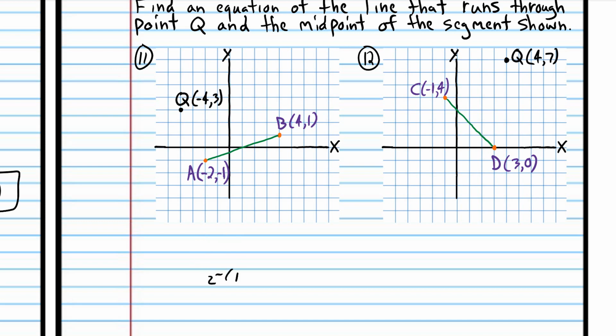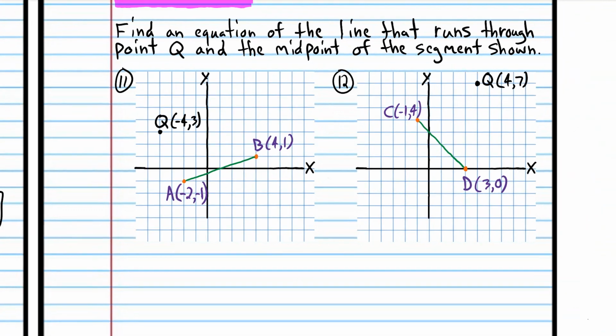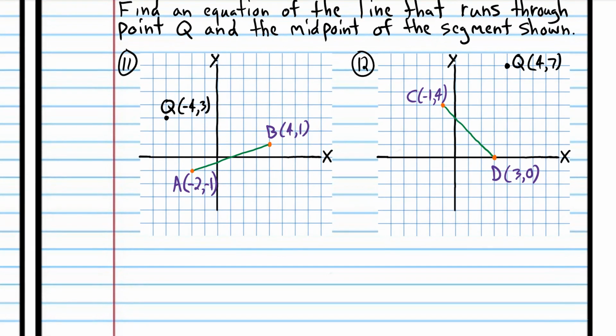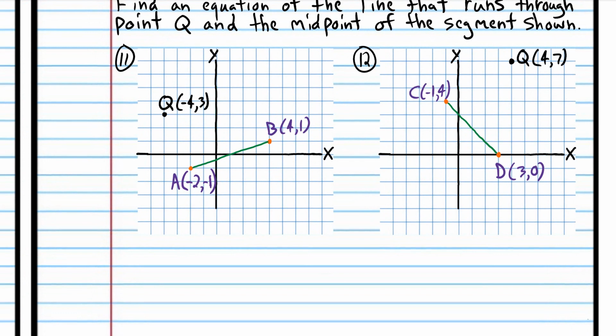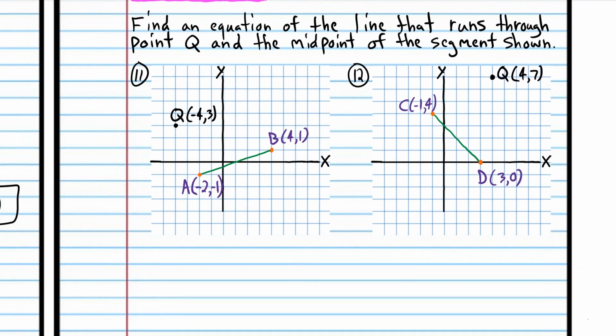But we can't do any of that unless we find the midpoint of AB first. Again, I know this seems really complicated, but this is all stuff that you need to be able to do. So we're kind of jumping it up a notch from my beginning algebra course with this type of geometry and graphing linear equations, or writing equations of lines.